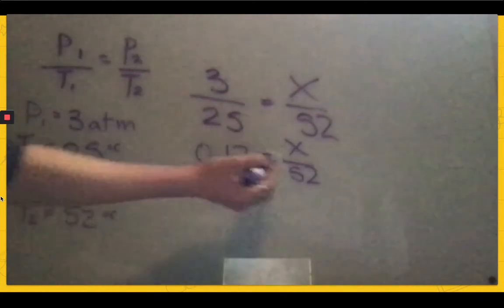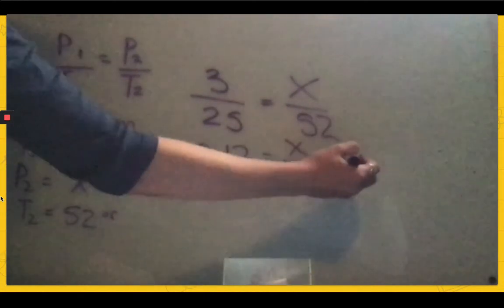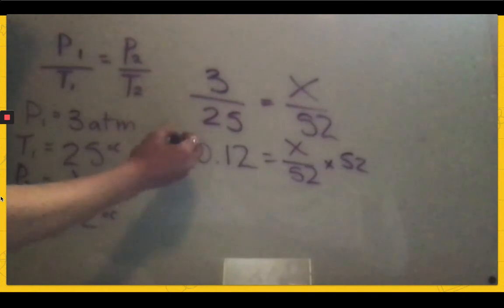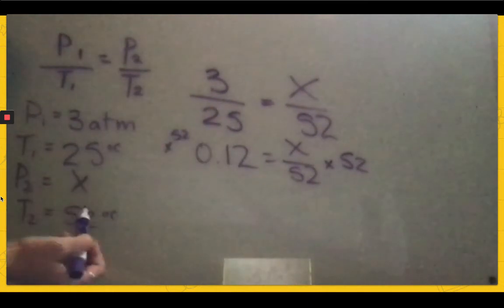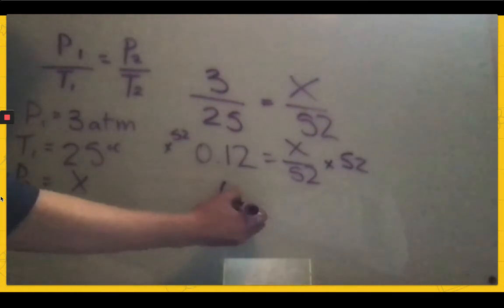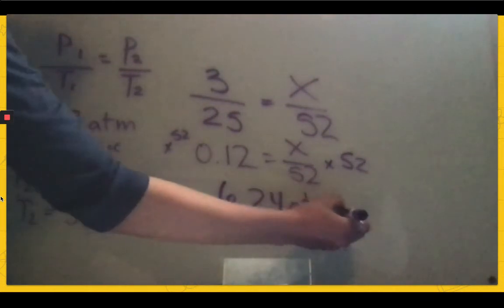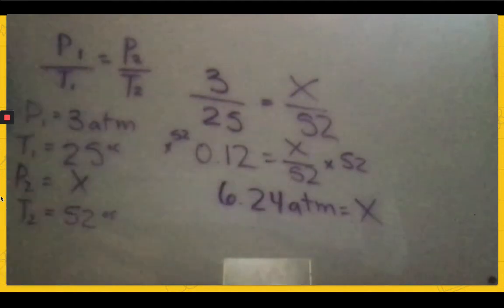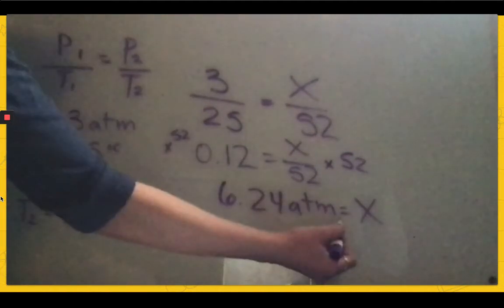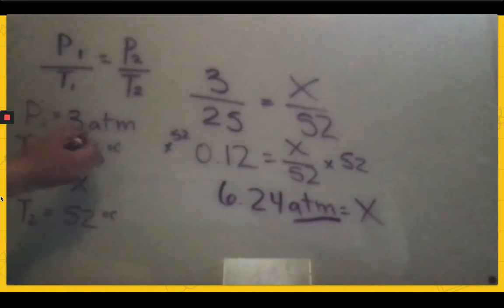We need to get that 52 out of there, so we're going to multiply by 52 on both sides. And that will give us 6.24 ATM equals x.